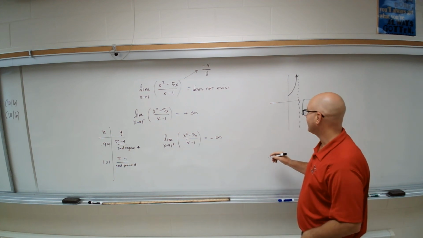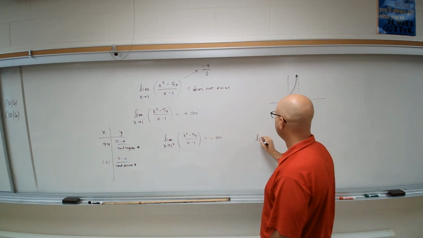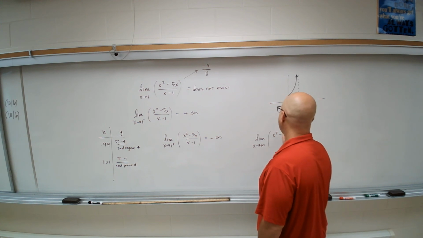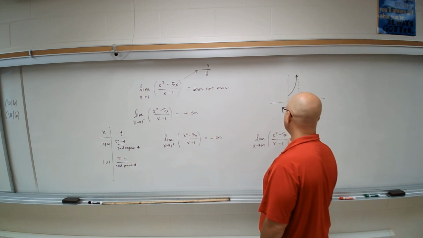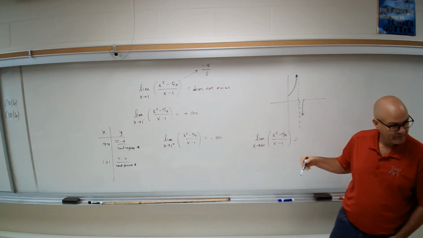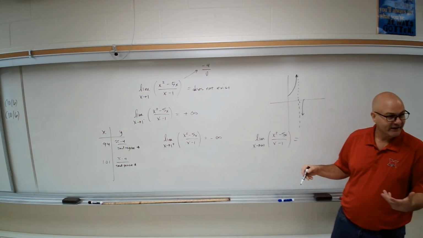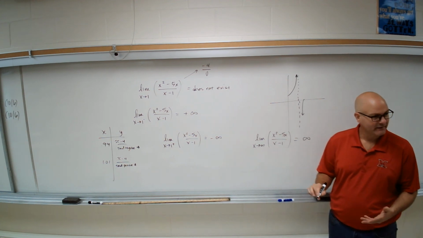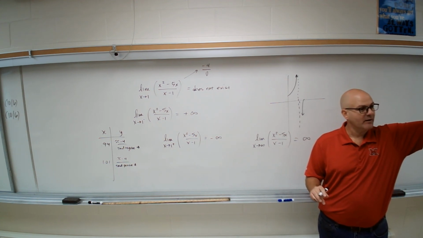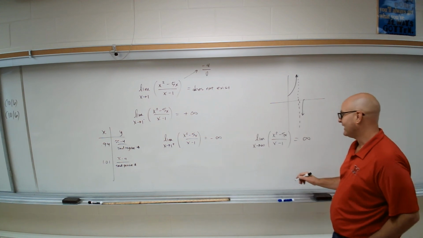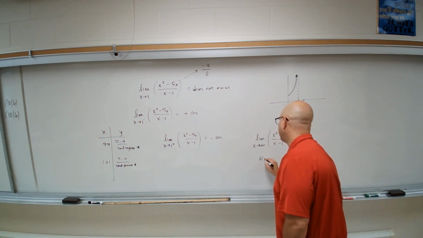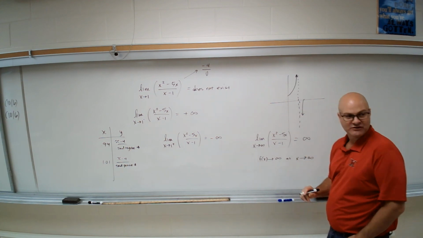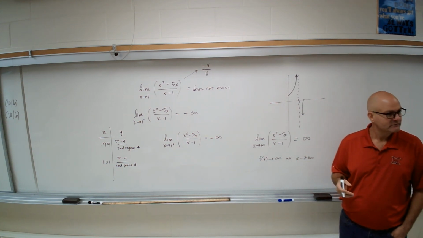If for this function, we did the limit as x approaches infinity of x squared minus 5x over x minus 1, we know that our end behavior model would just be x. When you put infinity in there, you get infinity. So as it goes to the right, it goes up. This is equivalent to saying, f of x approaches infinity as x approaches infinity, back in pre-calc.